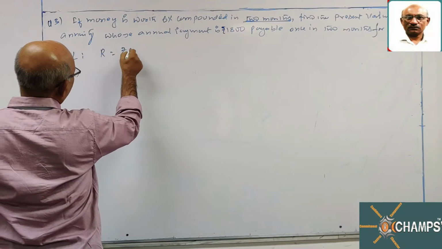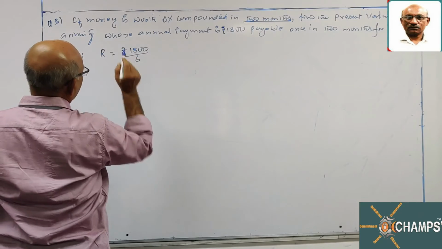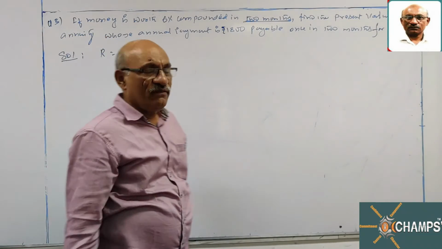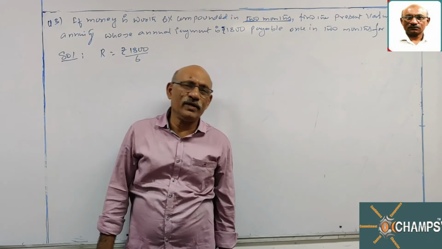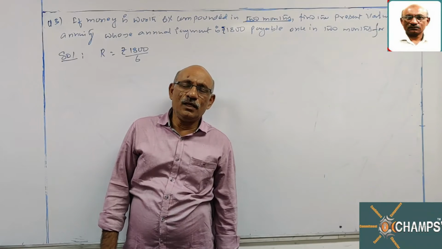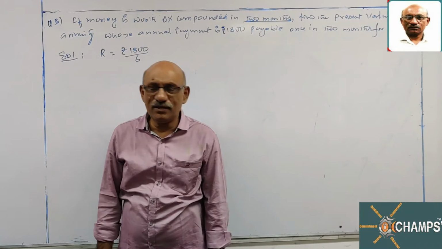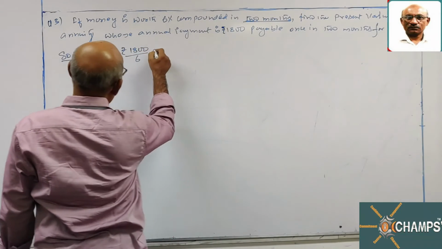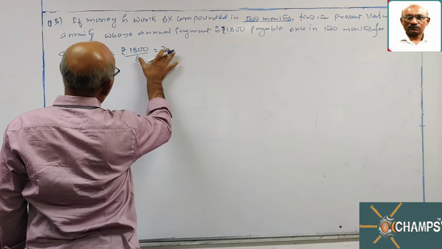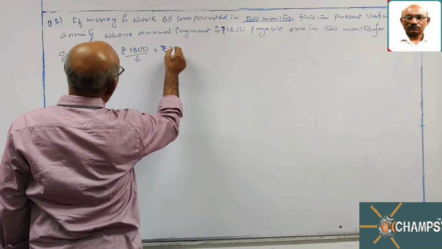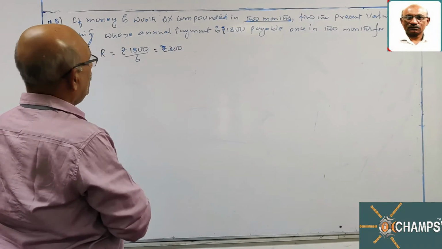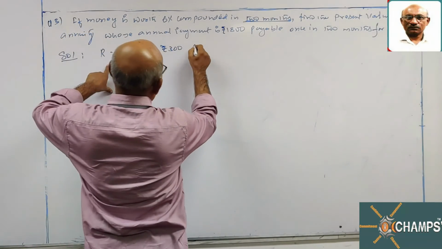R is equal to rupees 1,800 divided by 6. After every 2 months, one payment I have to give, so in 1 year, 6 payments. So 1,800 is divided by 6, which is rupees 300.